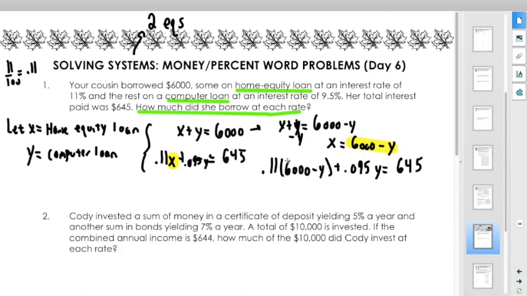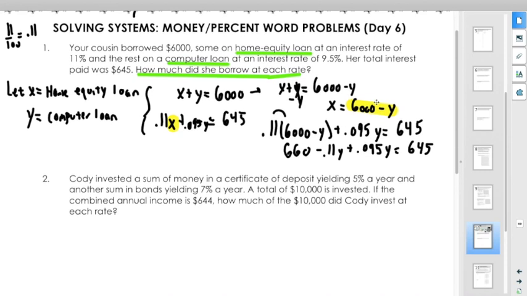Okay, now these are just some big calculations, but we know how to solve these. This is nothing. 0.11 times 6,000, well, that's going to be 660. 0.11 times negative y, well, that's going to be minus 0.11y, plus 0.095y equals 645. Combine your like terms.